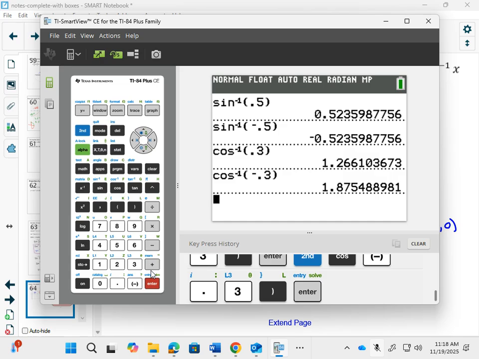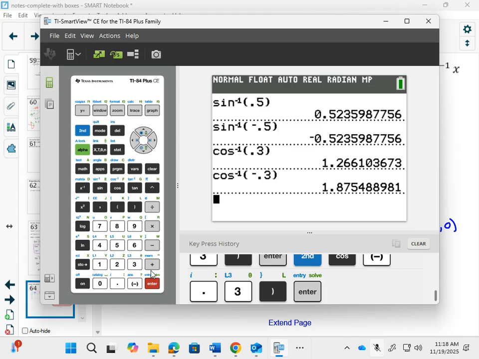Sine inverse gives positive ones in quadrant 1, negative ones as negative angles in quadrant 4. Cos inverse gives positive ones in quadrant 1 and negative ones as positive angles in quadrant 2. And lots of times students did this and used 1.87 for their reference angle, which is wrong. The reference angle is 1.266.